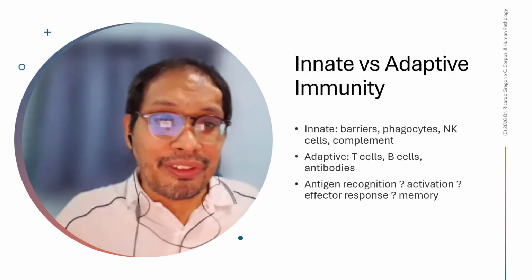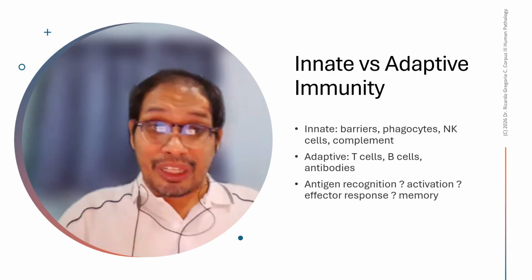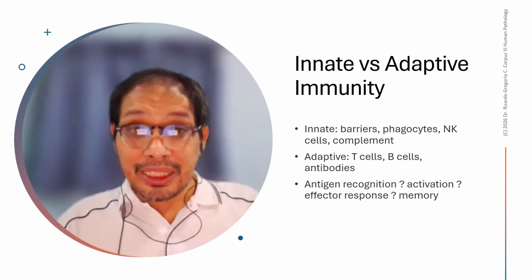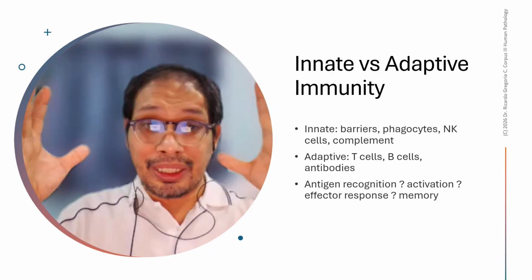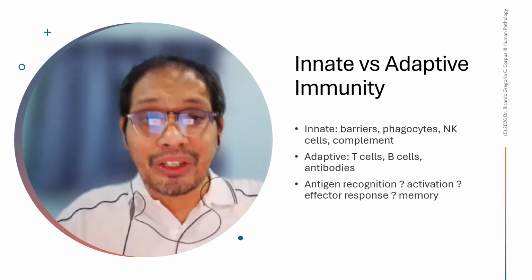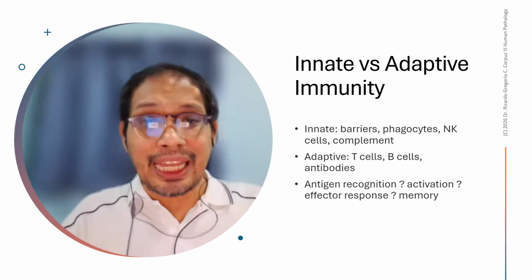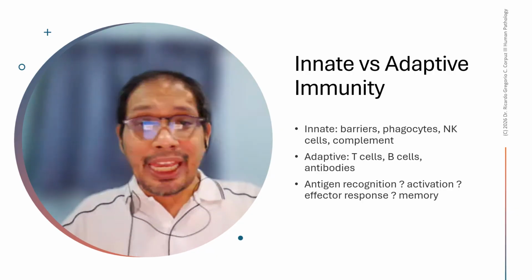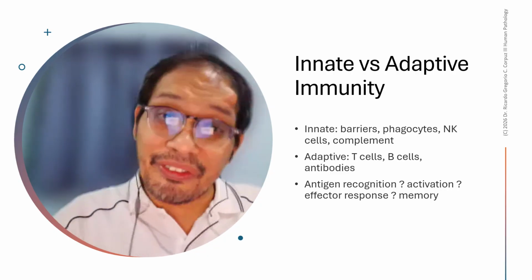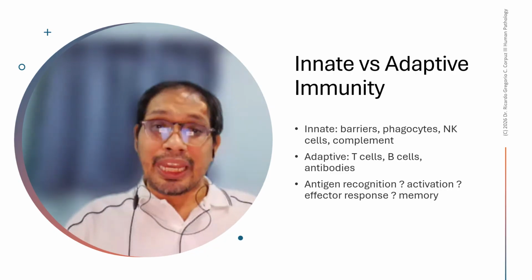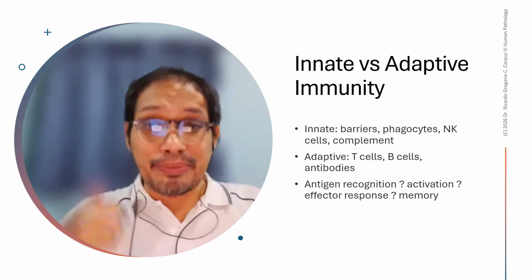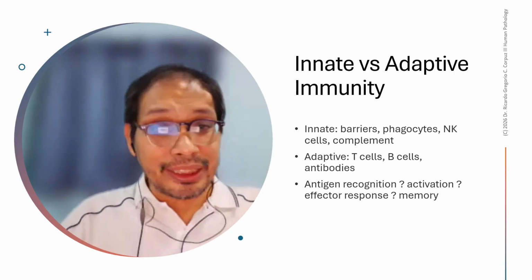Next is antigen recognition, activation, effector response, memory. For antigen recognition, innate cells detect PAMPs via pattern recognition receptors. Adaptive cells recognize specific antigens via TCRs and BCRs.